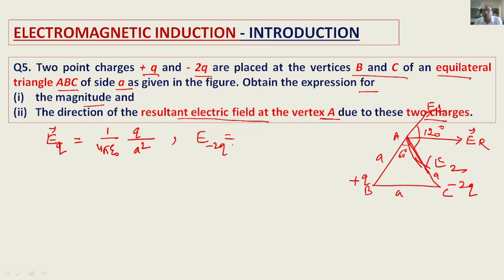If we are taking magnitude, it will be plus only. So 1 by 4 pi epsilon 0 2Q by a square. So you see 1 by 4 pi epsilon 0 q by a square is common in both. So we can write EQ is equal to E, electric field. So E minus 2Q, the magnitude we can write as 2E, right.